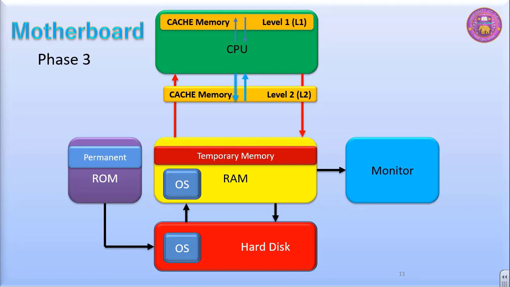If instructions or data are not in L2, then the CPU will look into temporary memory, that is RAM, and fetch the required information, data or instruction from RAM. This happened in phase 3, where L2 was introduced on the motherboard. L1 is within the CPU and L2 was installed on the motherboard.